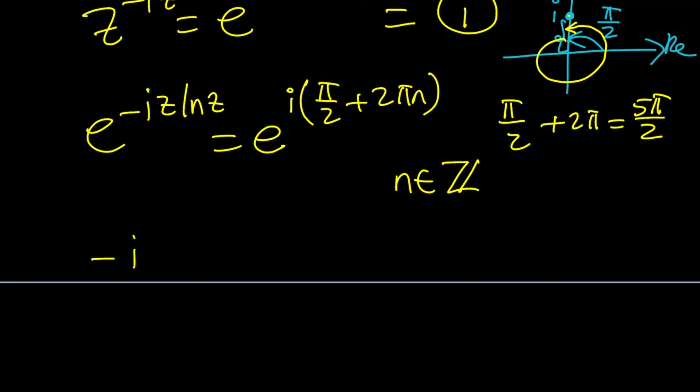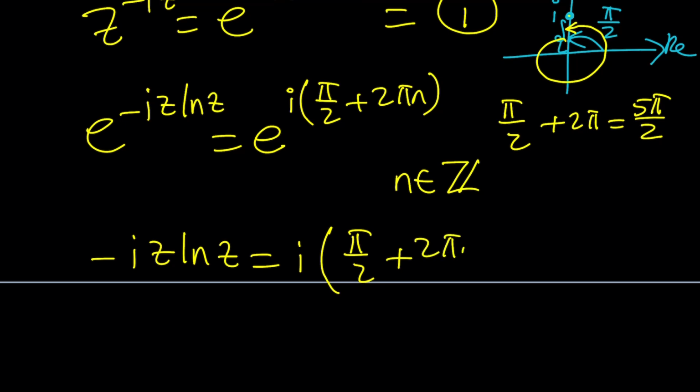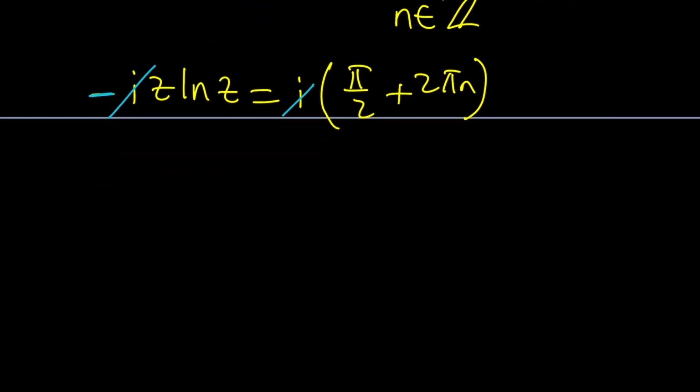Negative iz ln z equals I times pi over 2 plus 2 pi n. One of the nicest things about this equation is that I cancels out, so we don't have to worry about it. Get rid of that real quick, and then you can go ahead and multiply both sides by negative 1. That's going to give you z ln z equals negative pi over 2 minus 2 pi n.